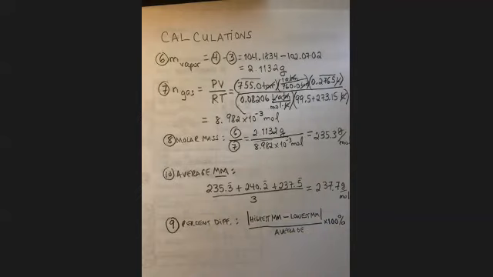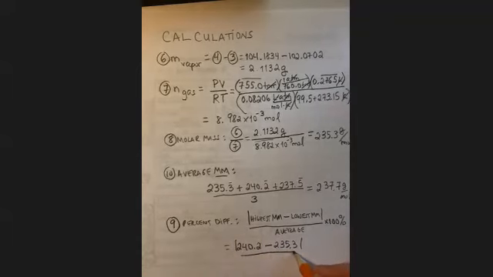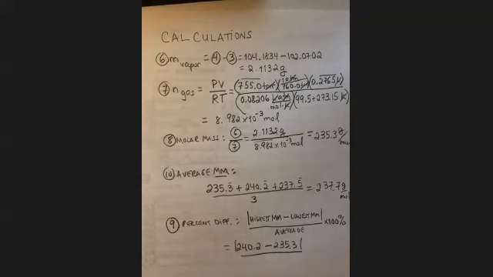Okay, this is the way we're going to do it, and this is what you'll do with your data. So our highest value was 240.2. Your lowest one was 235.3. We'll keep the absolute value in there, even though by the operation itself, it's not going to matter. The average we calculated was 237.7. All of that times 100%.